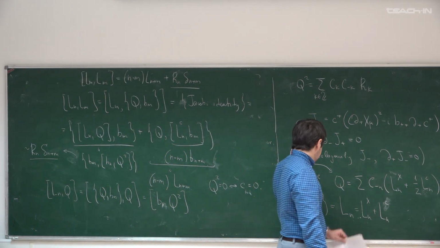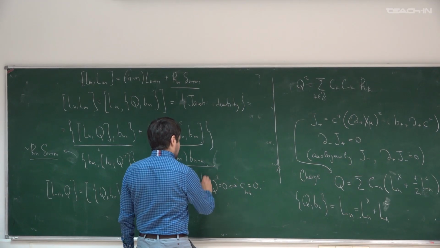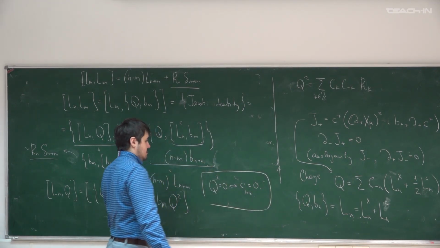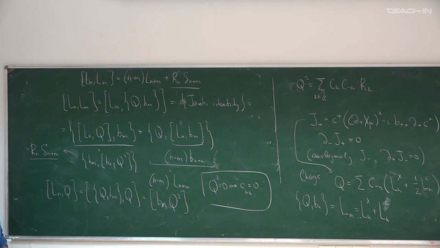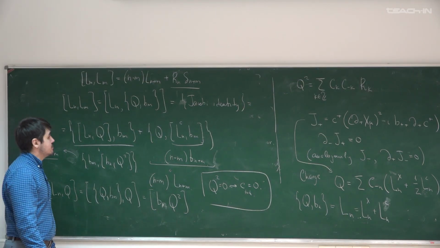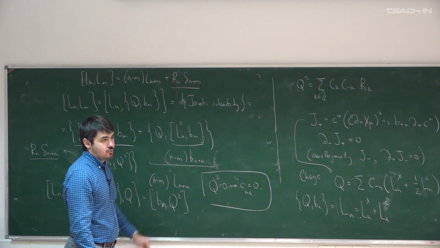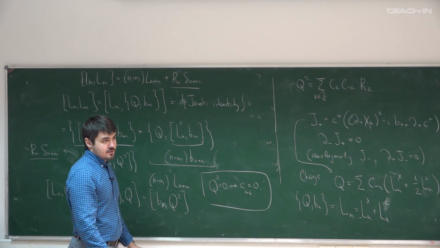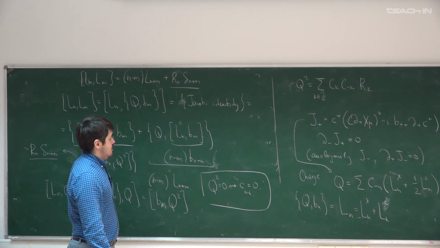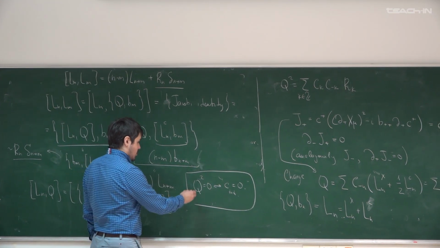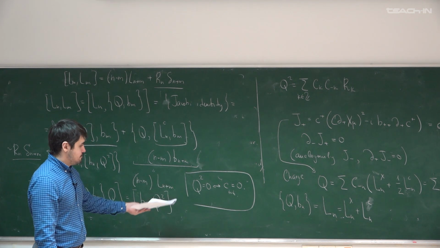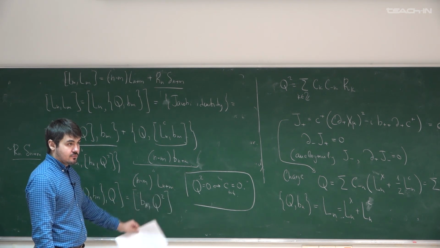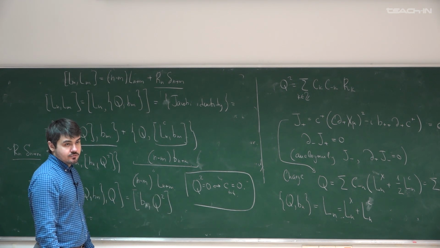This proves the statement, because we know the central extension can only be of the form c times a cubic combination in n. The vanishing of the total central charge is also necessary and sufficient for the BRST charge to be nilpotent.